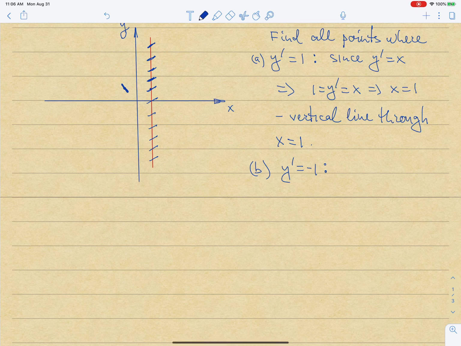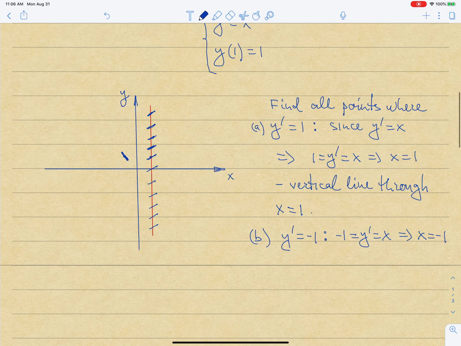Again, since y prime is equal to x, that means that -1 must be equal to y prime, equal to x, so x is equal to -1. What is x equal to -1? Again, that is a vertical line now at x equal to -1.